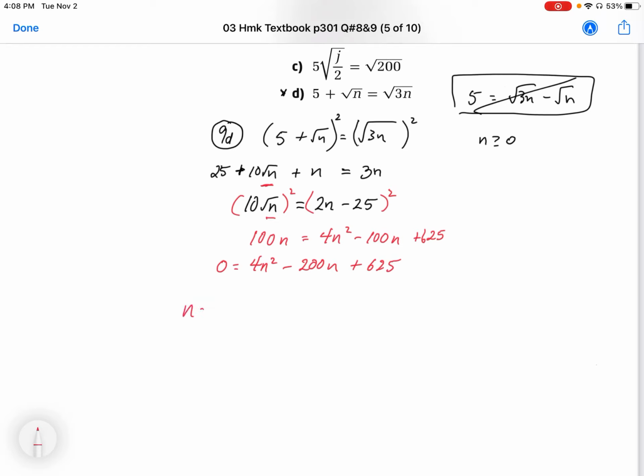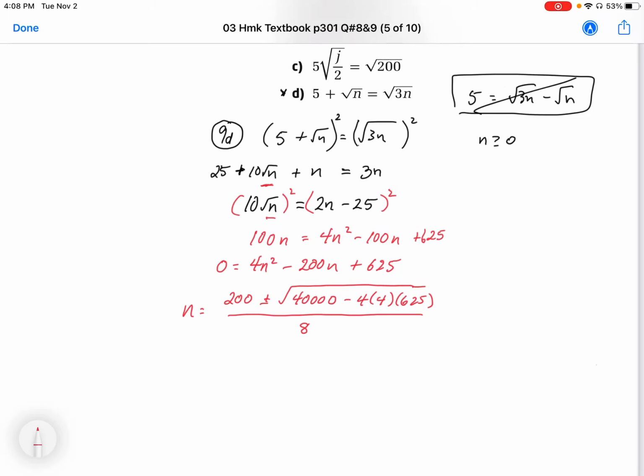So I'm going to solve for n using the quadratic formula. So I get 200 plus or minus the square root of negative 200 squared, which is 40,000, minus 4 times a times c, all over 2 times a. So 2 times 4 is 8.